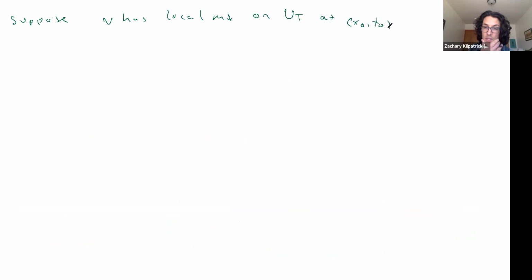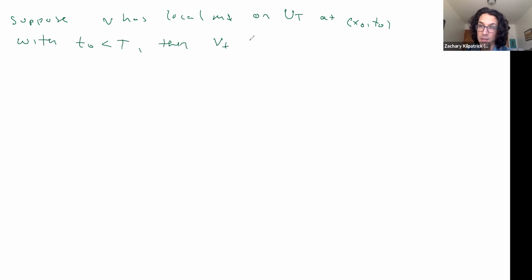Suppose V has a local max on U sub t, at some point we'll label x0, t0, with t0 less than T. Then what do we know about local maxes?